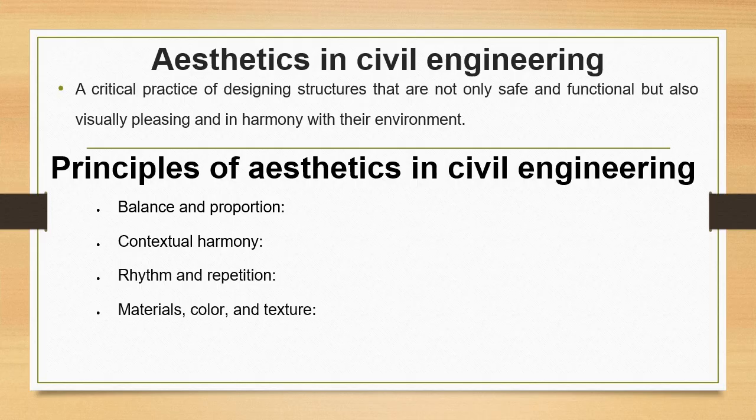This involves arranging different parts of a structure to create a sense of equilibrium. That means it can be a symmetrical structure for a formal look, or it can be an asymmetrical structure for a more dynamic and informal feel.